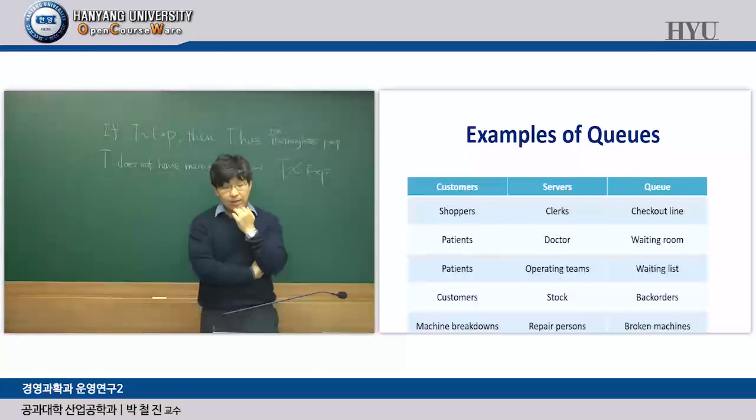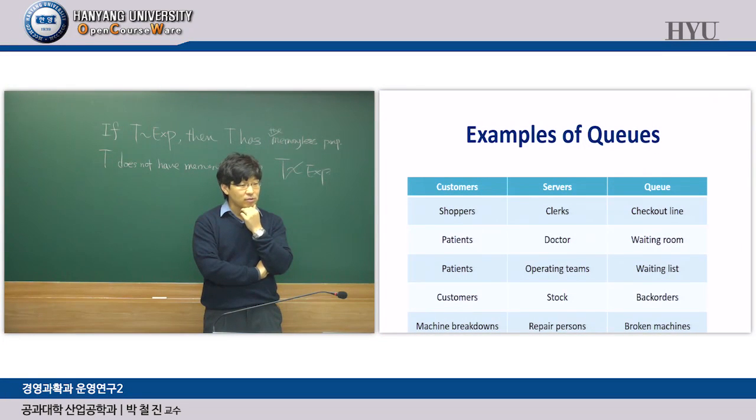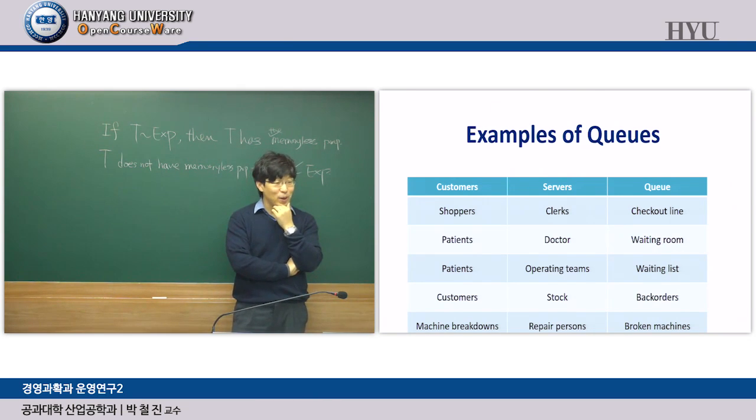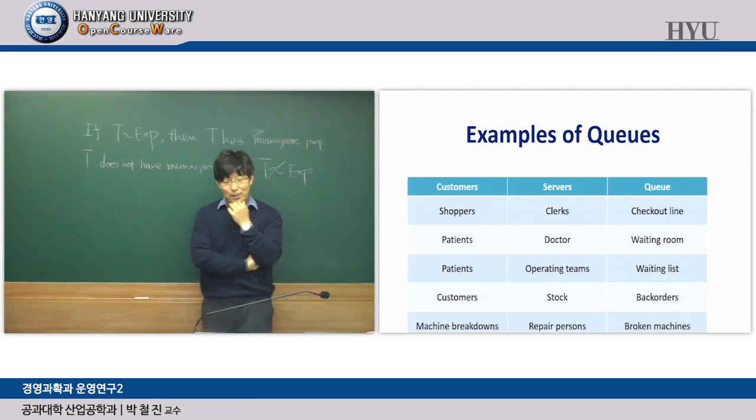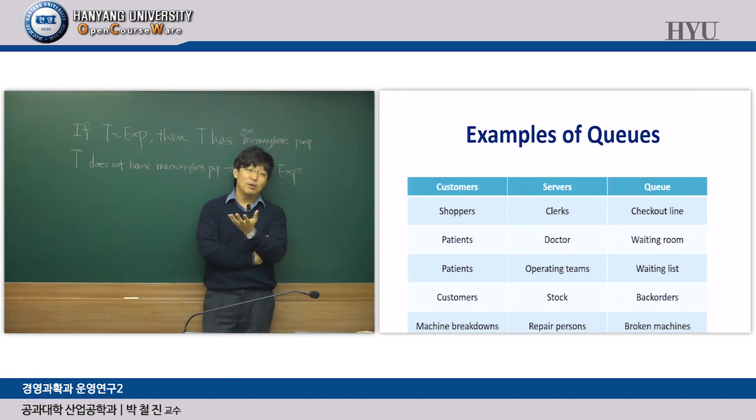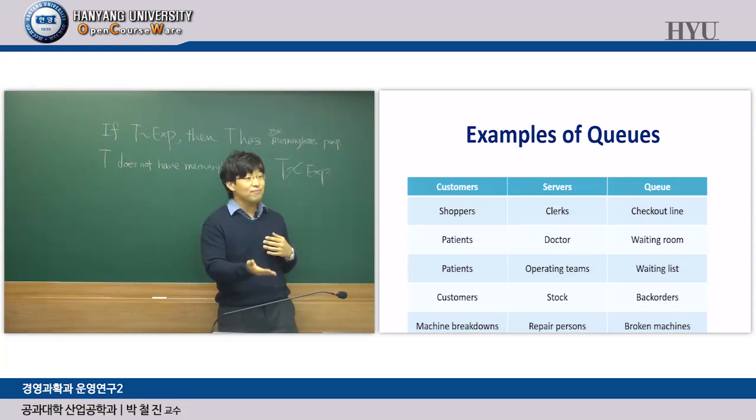Sometimes you need to wait a long time, like 30 minutes. Sometimes you don't have to wait, right? We don't know. But someone who wants to operate the system needs to evaluate, estimate, and analyze the system, because if you hire more clerks, then you have some chance to earn more money.